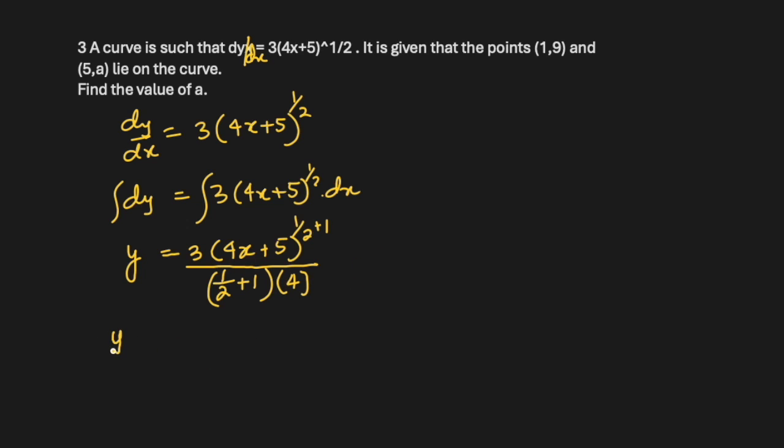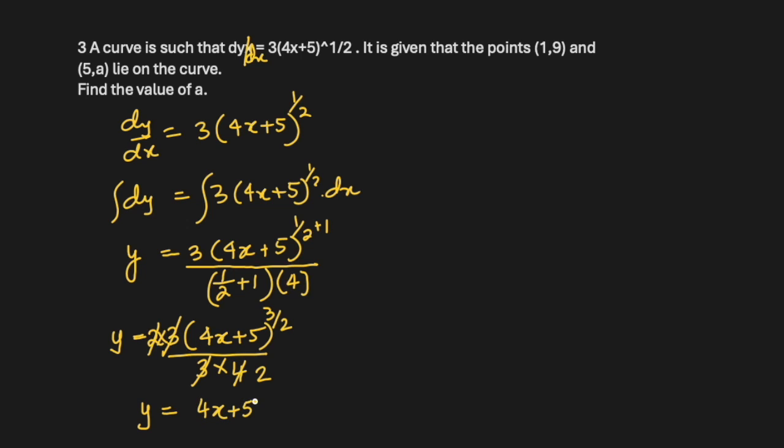Alright, let's try to simplify this now. y equal to 3 (4x plus 5) to the power 3 over 2, over 3 over 2. 1 half plus 1 is 3 over 2. I'm not writing 3 over 2, I will multiply by 2 here. The denominator of a denominator can become the numerator, and then we have 4 here. 3 and 3 cancel, 2 and 4 also cancel, so y finally comes out to be (4x plus 5) to the power 3 over 2, over 2.